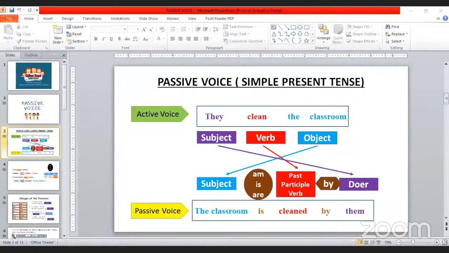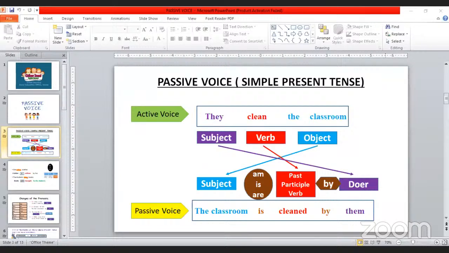Right? The object becomes subject and the subject becomes doer and the verb becomes past participle verb. Past participle verb, right? After the subject, we have to use the helping verb.